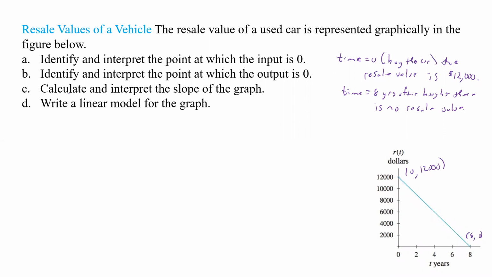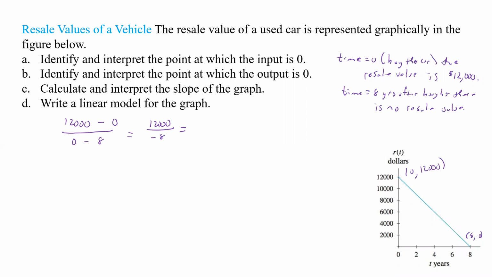Okay, so now we're supposed to calculate and interpret the slope of the graph. We know how to do that. We've got 2 points, so let's take 12,000 minus 0 divided by 0 minus 8. That's going to be 12,000 divided by -8. I'll do that quickly on my calculator, though I'm sure you can do that on yours.